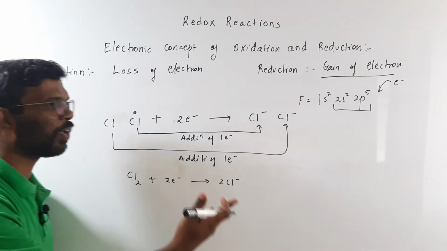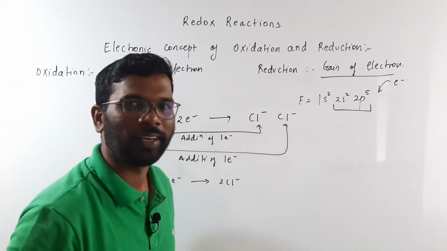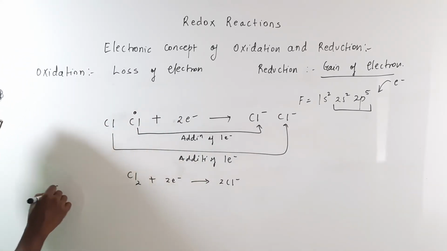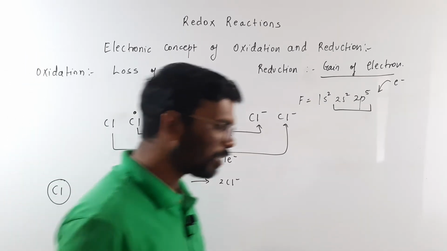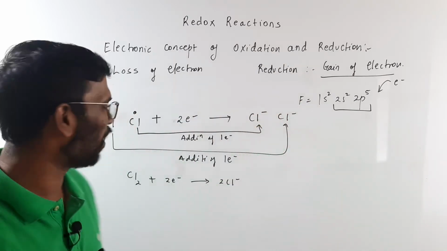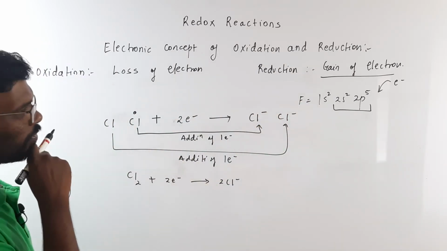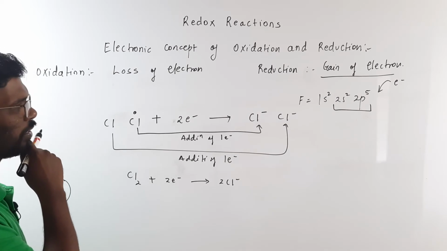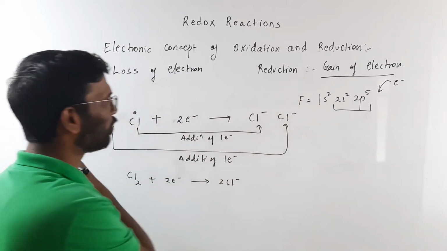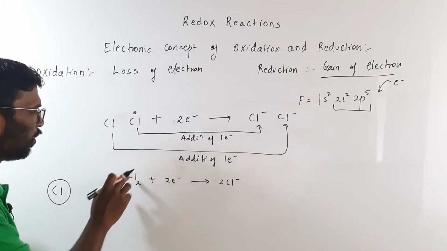Now why does Cl have a minus charge? Let's write it in the atomic form. Let's say this is one chlorine atom. Let us understand this with respect to one chlorine atom. How many electrons does chlorine have? Okay, I made a mistake. I wrote fluorine over here and showed you chlorine. Still not an issue.